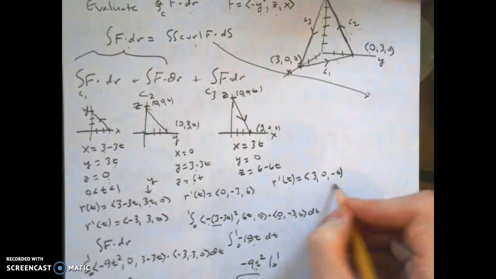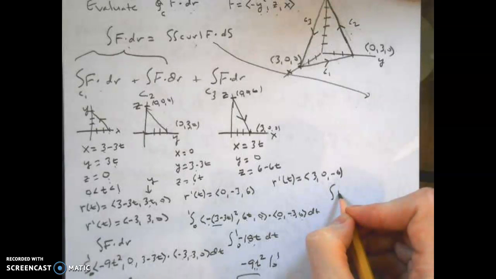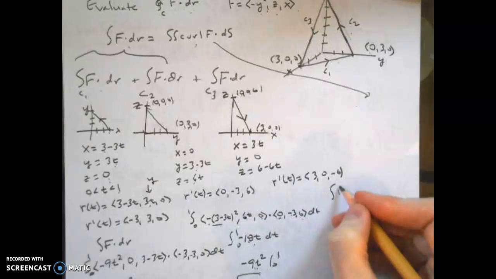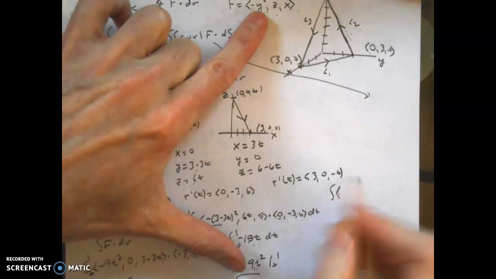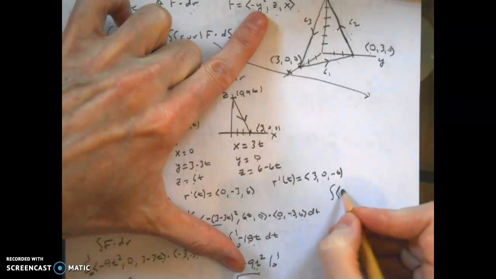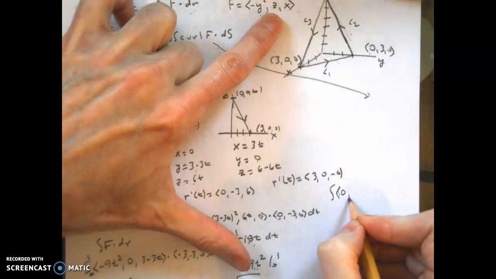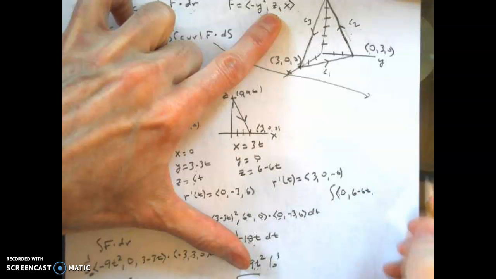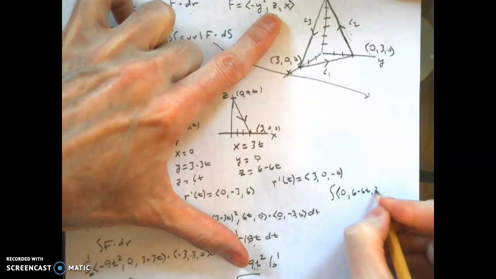And I want the integral of F dotted with dr. So the F is negative y squared, so 0, z, which is 6 minus 6t, and x, which is 3t.